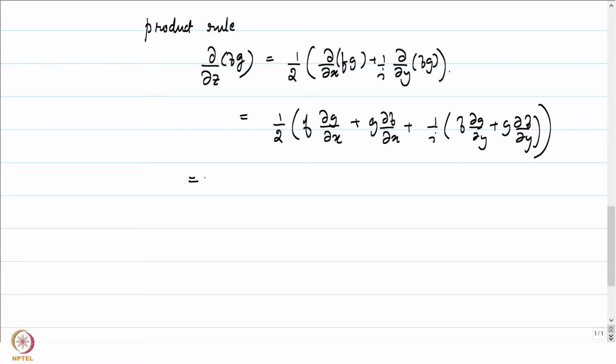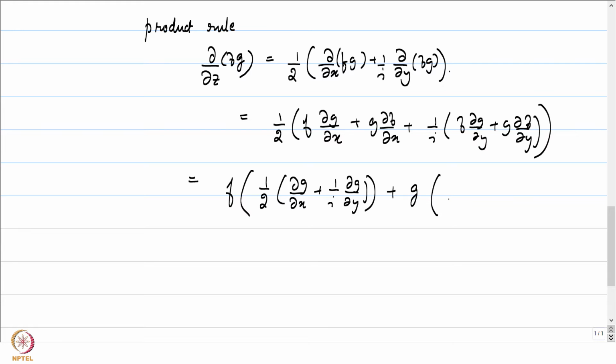And accumulating the correct terms, this is going to be f times half ∂g/∂x plus 1 by i times ∂g/∂y plus g into half ∂f/∂x plus 1 by i times ∂f/∂y.